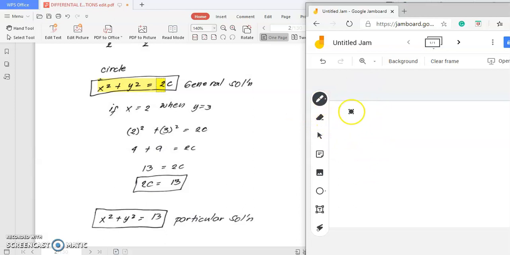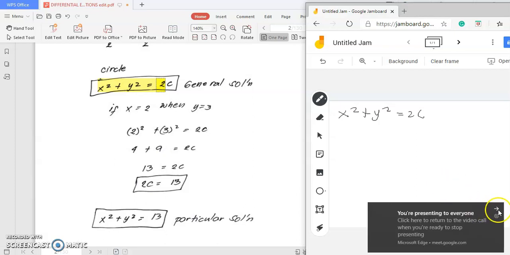So as we solved earlier, we come up with our general solution as x squared plus y squared equals c. Now, what will be our particular solution? We know that in the given, the circle passes through the point 2 and 3.